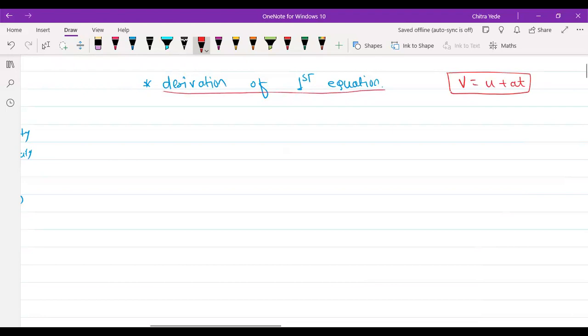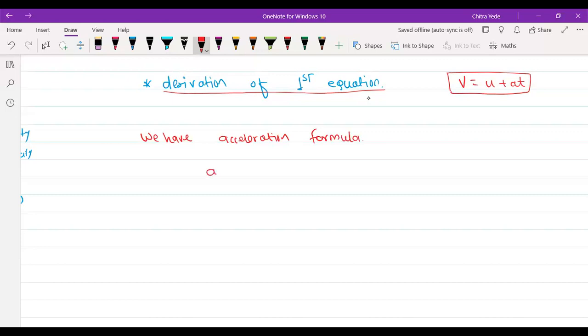First, what do we have? We have the acceleration formula. What is the acceleration formula?